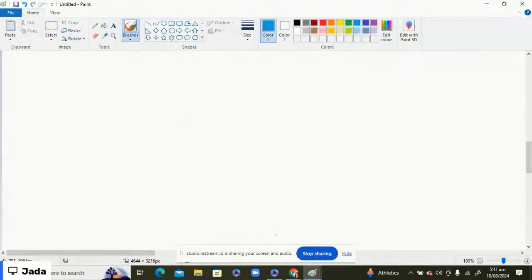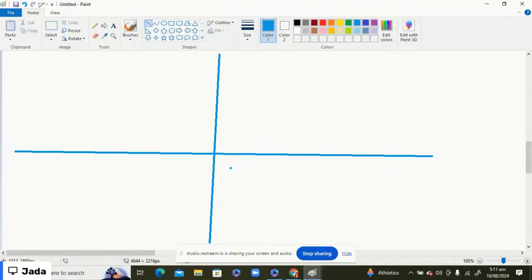Let's just do it. So here is the graph. So here 0, it's 1, 2, 3, 4 and 5.